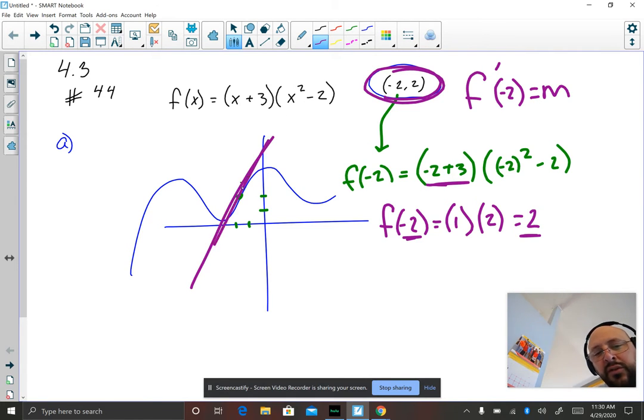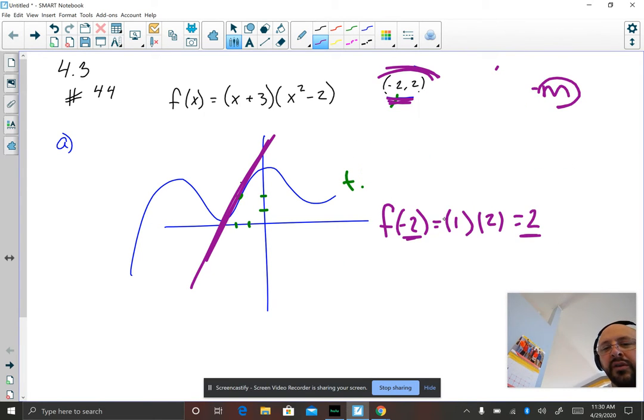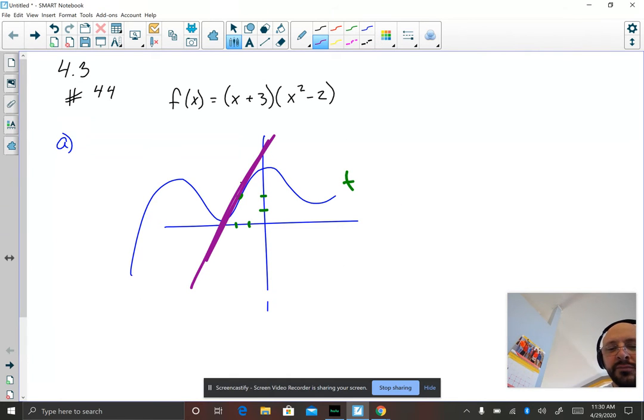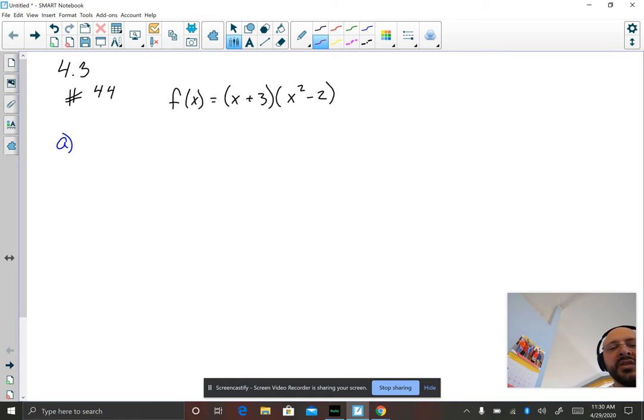In this case, it kind of looks like 1, let's say. Again, this is not an accurate drawing. Now that you have a given slope and a given point, you can use point slope technique or slope intercept technique. That's probably our favorite. So now you're going to sit and watch me erase. Here we go.